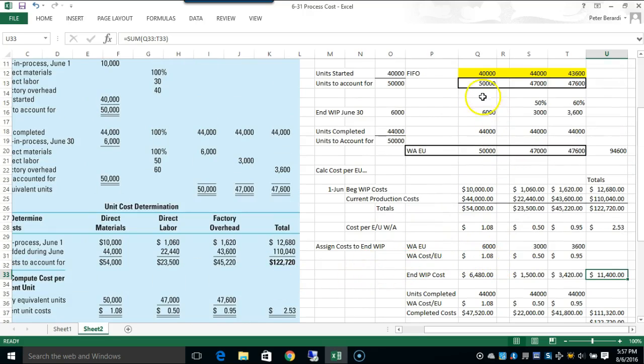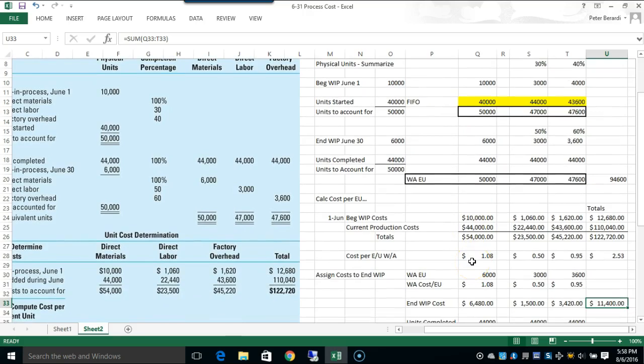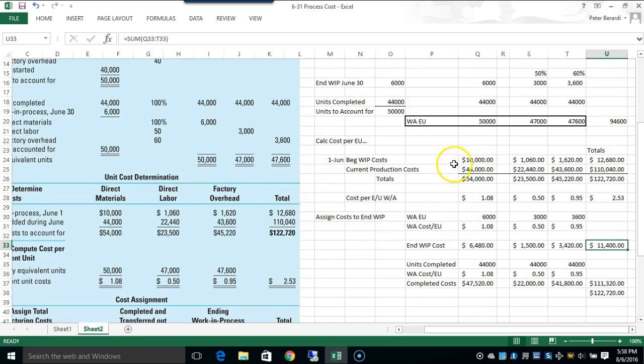Next, we will do this in a FIFO form. So the units started, current production, are going to be already your equivalent units. The costs that we're concerned with are going to be your current production costs.